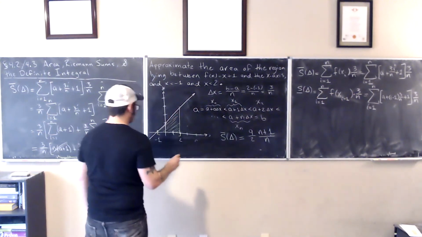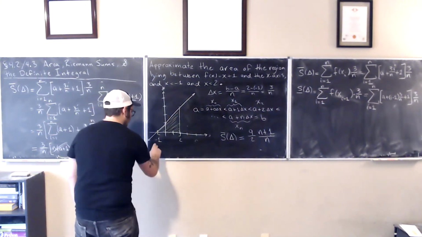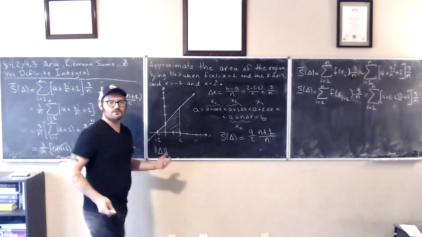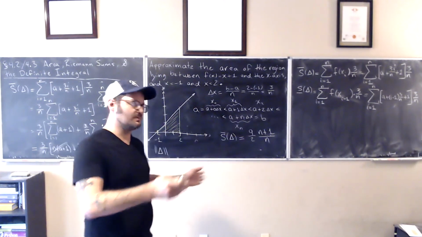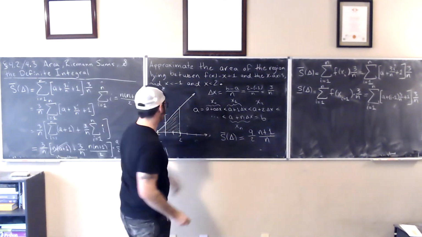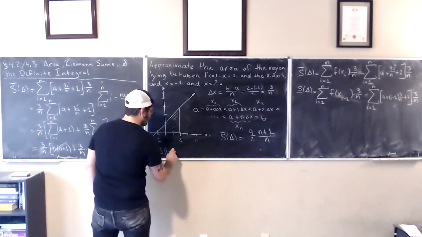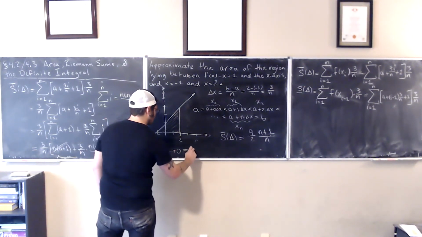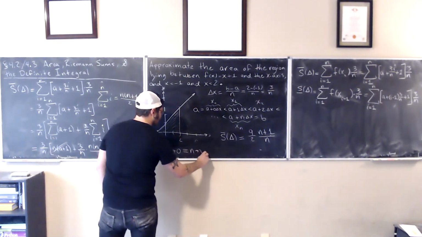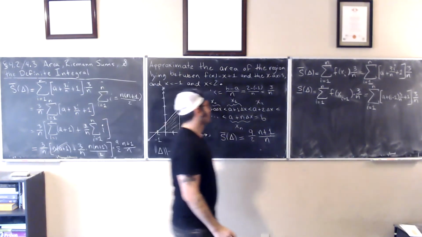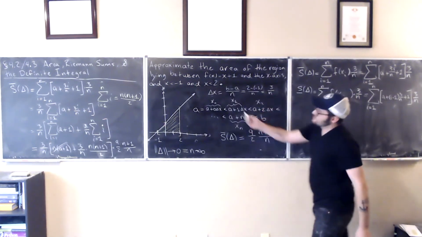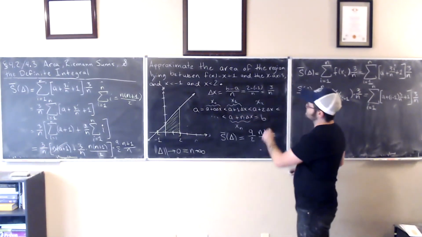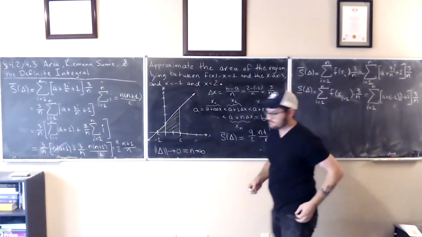So in this case, if we make the norm, or the length of the maximum interval, go to 0, this is equivalent to saying we want n to go to infinity. If we want each of them to go to 0, that's equivalent to taking n to infinity.